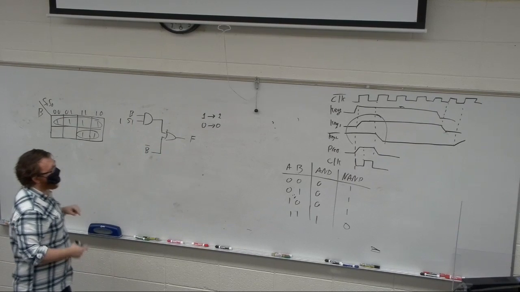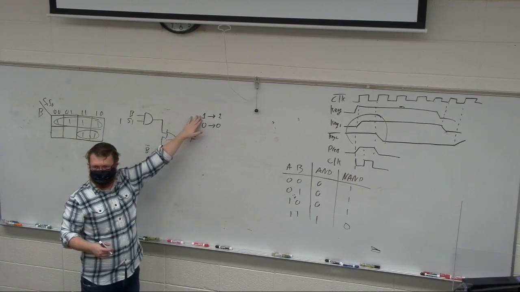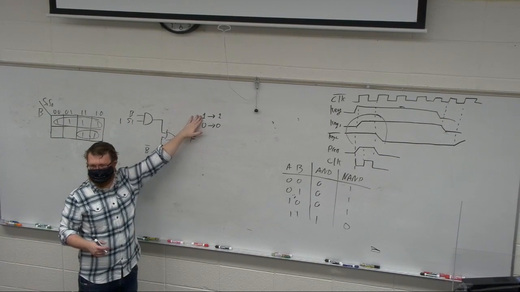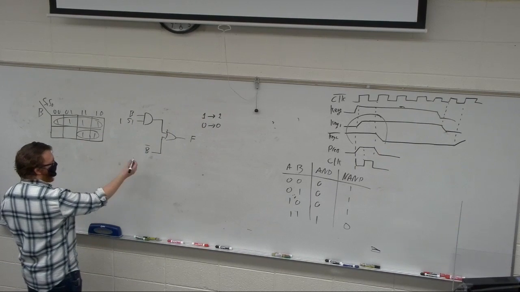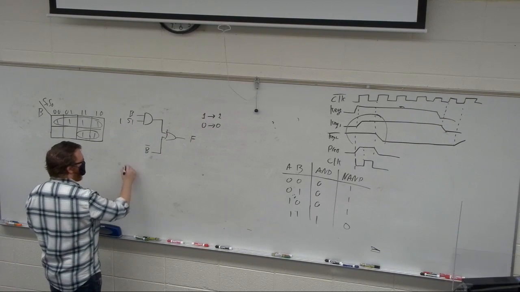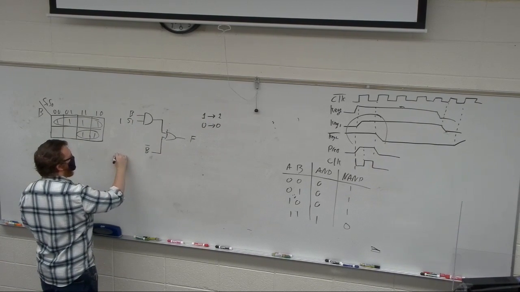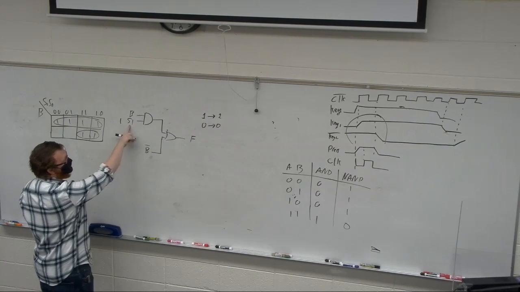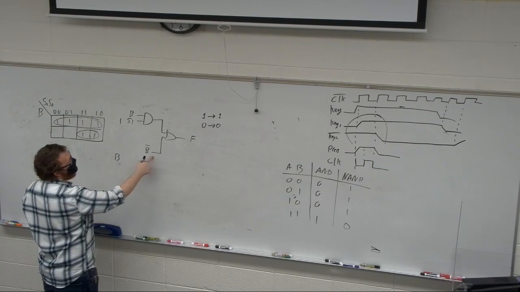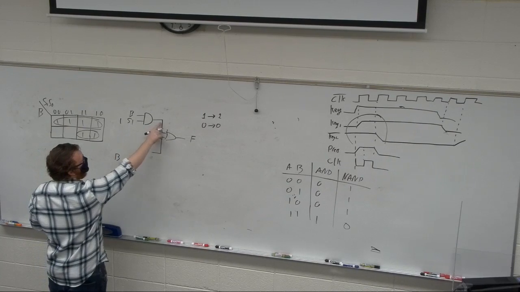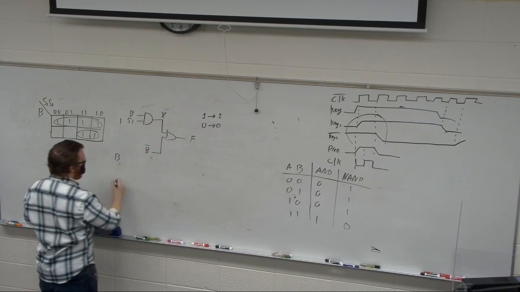So let's start by testing ones. Let's see if there's a problem with the ones. In my timing diagram, I need to consider a couple of inputs. I have B, S1 is fixed, B bar is just the opposite of B, and this signal we'll just call X at the moment.